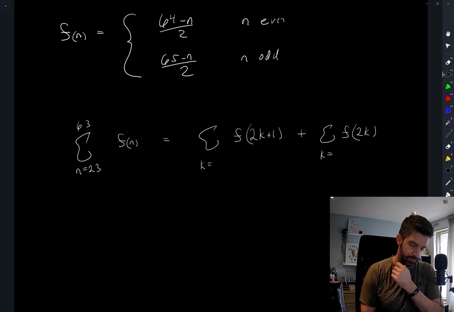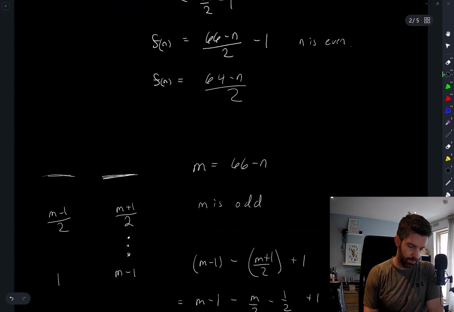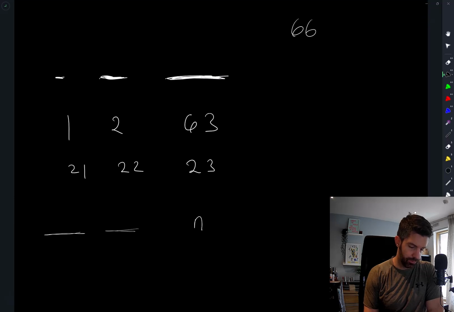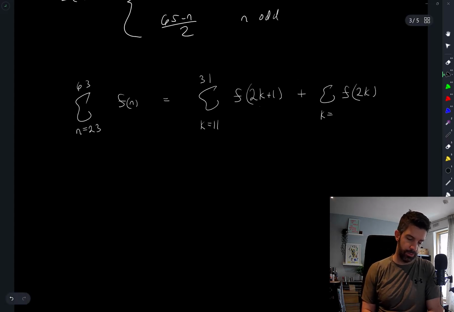So when k is equal to 11, I get 23. And when k is equal to 31, wait, is that right? What are the extremes again of the numbers 23 and 63? Yeah, okay, no, that's correct, okay.